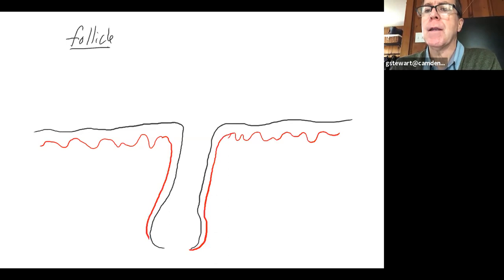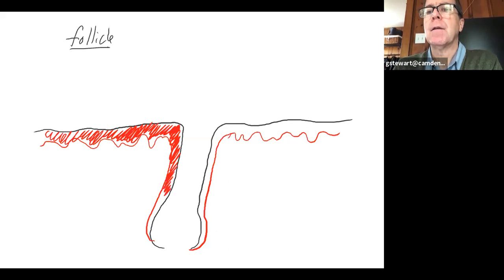I'll color it in. So everything that's red is epidermis, the 5 layers of the epidermis, and the epidermis extends, making up basically the wall of the hair follicle. So it invaginates or goes way down deep into deep layers of the skin, just in the area of a hair follicle.